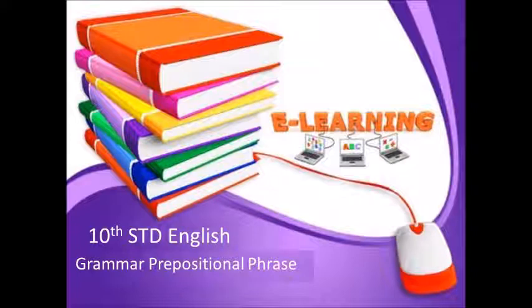The common prepositions are listed in the table at the end of the article. We will see later. Now, how do you know that it is a prepositional phrase? In a prepositional phrase, there is a link word. We will see it in so many sentences.